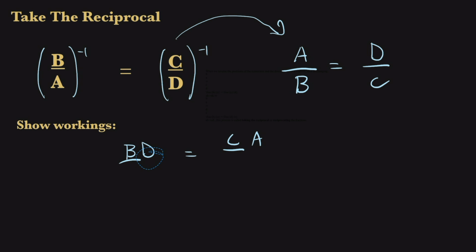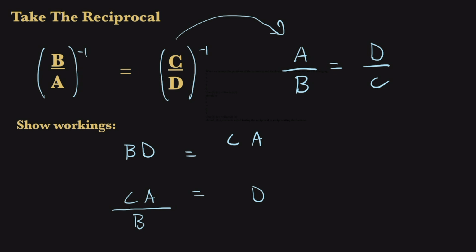And now we don't have any lines over. So we've got BD over CA. Let me write that the other way around. So I'm going to have CA equals BD. And now what I can do is if I was to divide both sides by B, we would end up having that B underneath there.